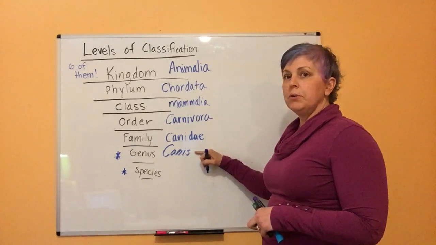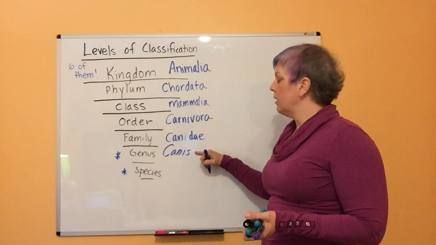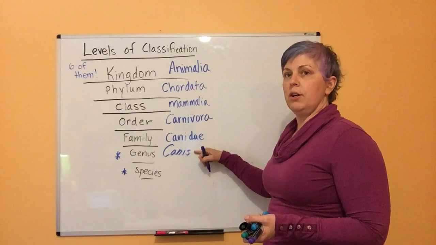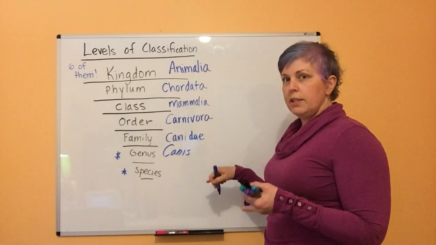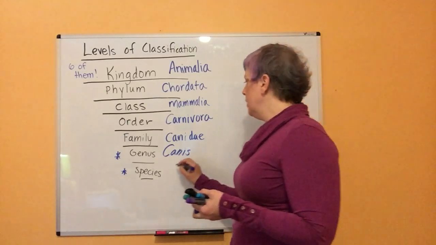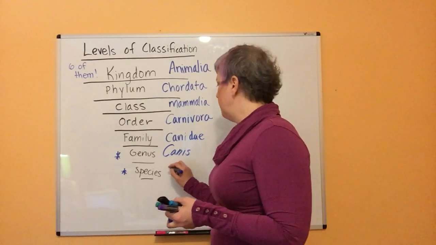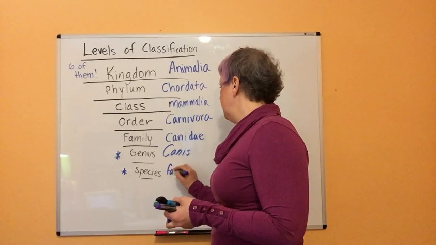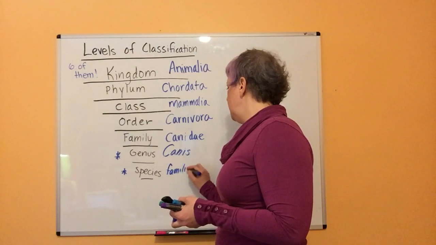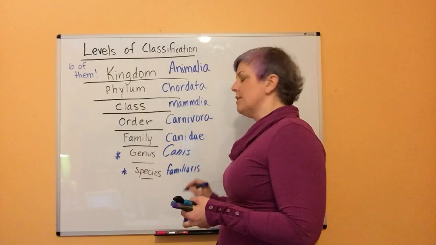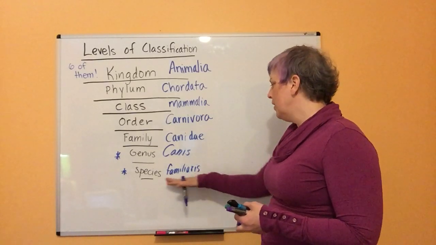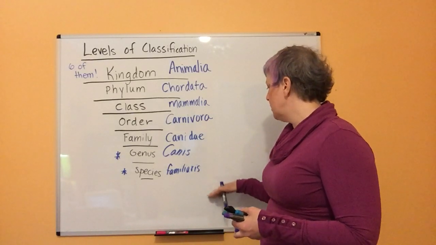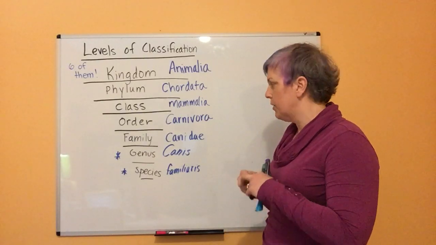So this still includes wolves, because wolves are in the same genus as dogs. But for dogs, for your domestic dog that's living at your house with you, if you have one, their species name is familiaris. Familiaris, like it's a familiar dog, right? So this term came from that, to be familiar, something that we're used to having around.